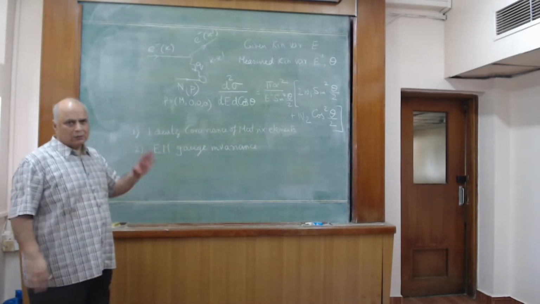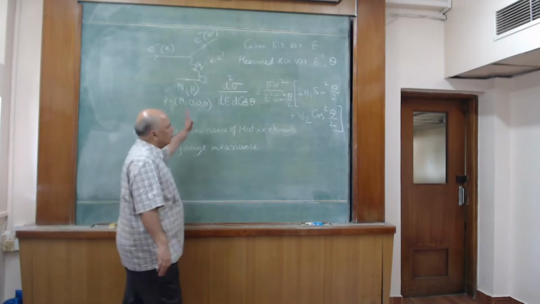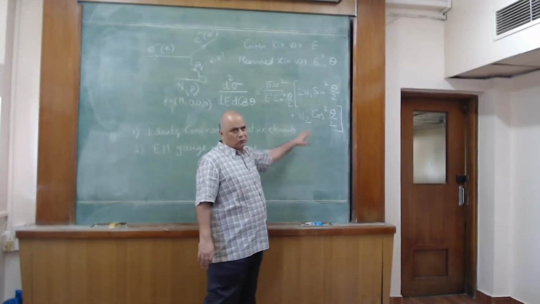These two constraints limit the number of possible functions to just two.